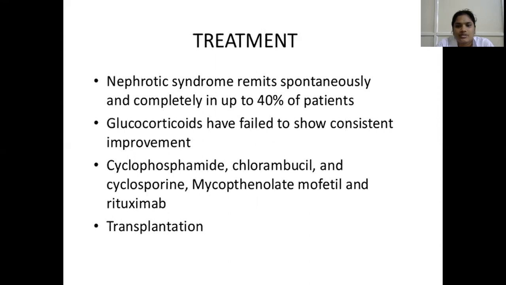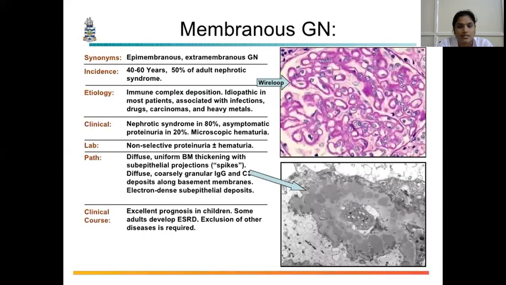Glucocorticoids have failed to show consistent improvement. Cyclophosphamide, chlorambucil, cyclosporin, rituximab, and transplantation are the treatments. So this is the brief of membranous glomerulonephritis.